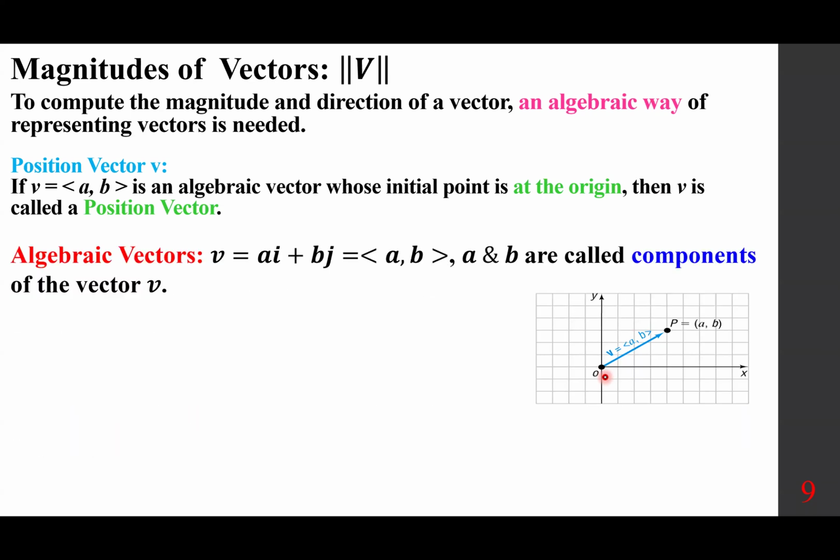Therefore, the algebraic vector is ai plus bj. i is the unit vector along the x-axis, j is the unit vector along the y-axis.